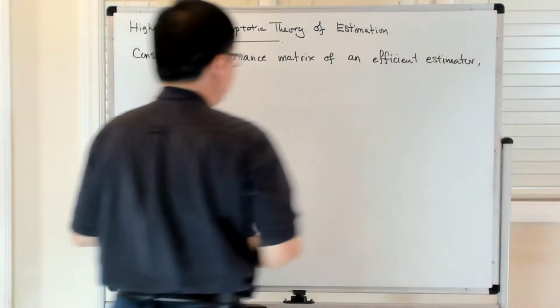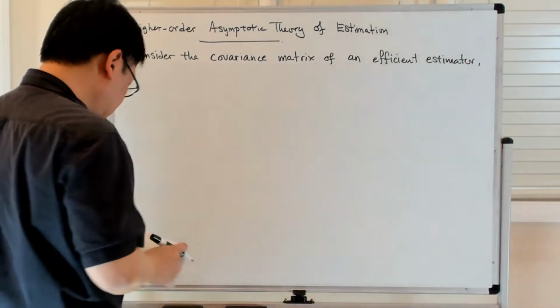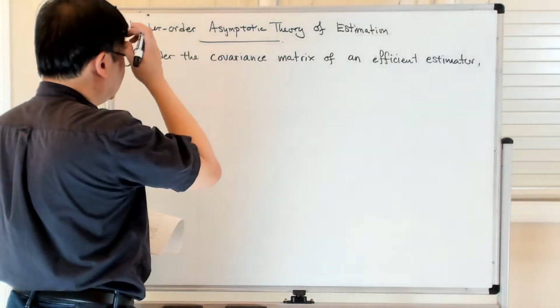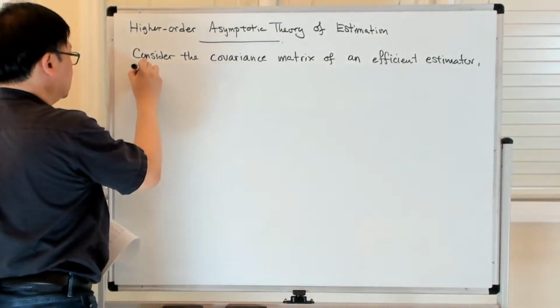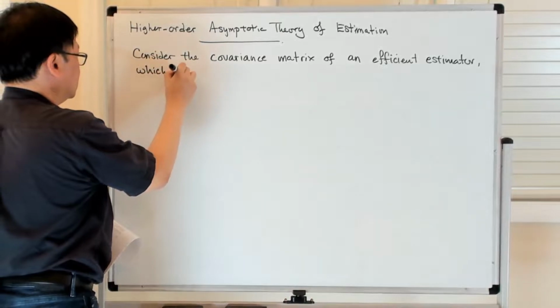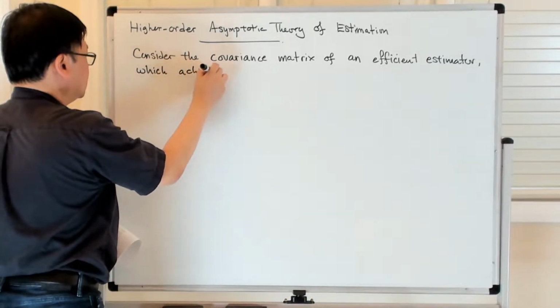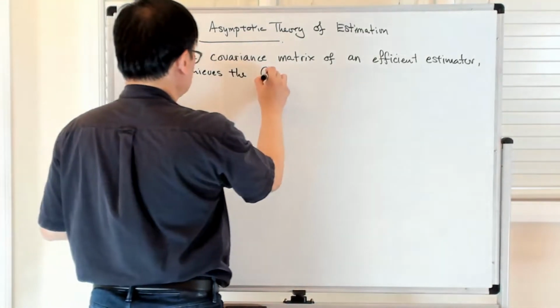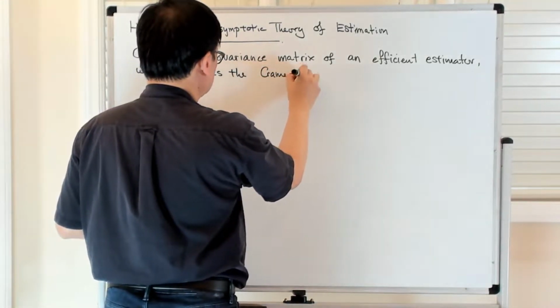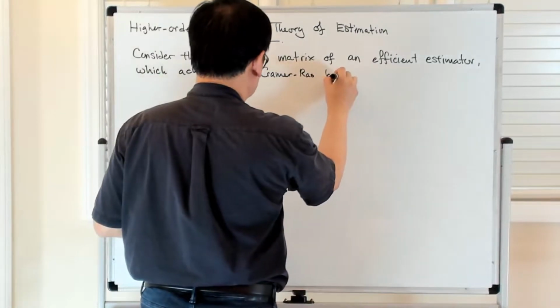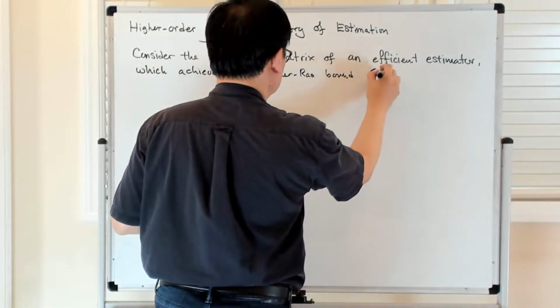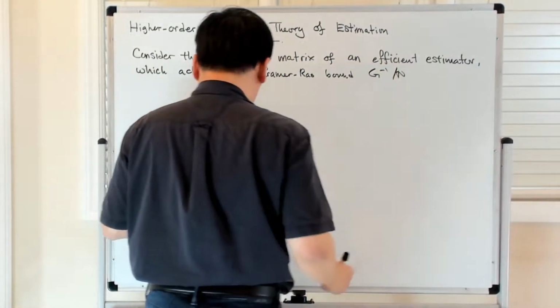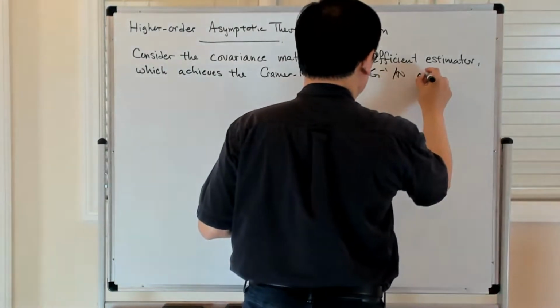And if you recall, what that means for the estimator to be efficient is that it achieves the Cramér-Rao bound, which is G inverse over N, right, asymptotically.